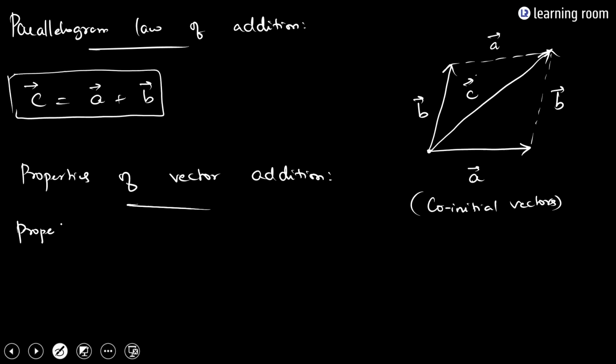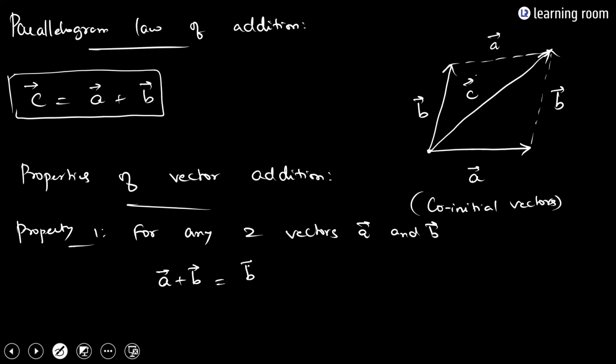Property 1: for any two vectors A and B, A vector plus B vector is equal to B vector plus A vector, and they are said to follow the commutative property.